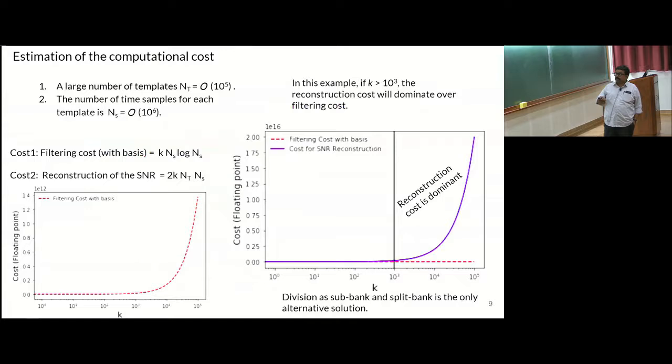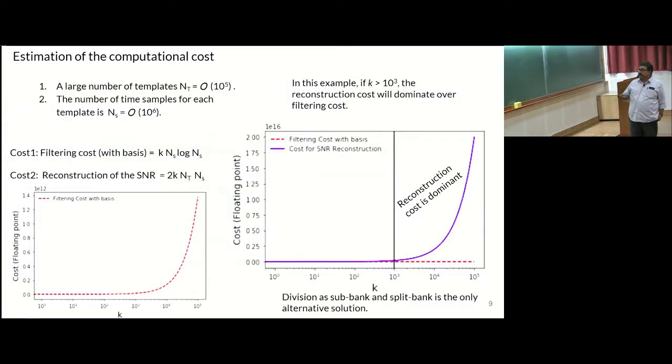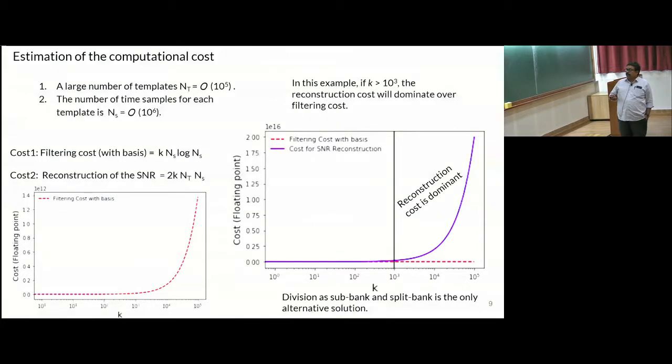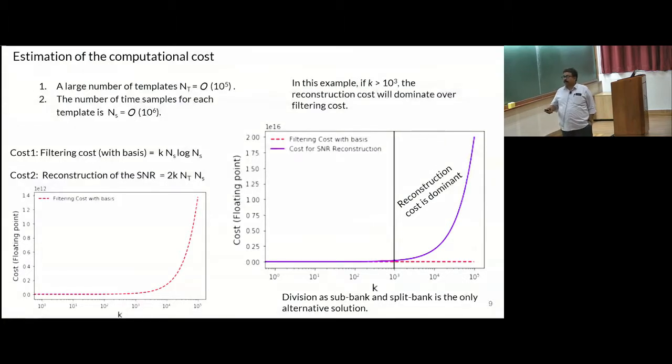So here is one last slide that I want to show you, and this is a message that I want you to take from this plot. Once you have done a decomposition in some orthonormal basis, this red dashed line is basically the filtering cost of the data with the basis functions. And this blue line is basically the cost of the reconstruction. And you can see that when you do an SVD kind of a decomposition, and this is still unsolved, I mean, we really don't know how to control this cost.